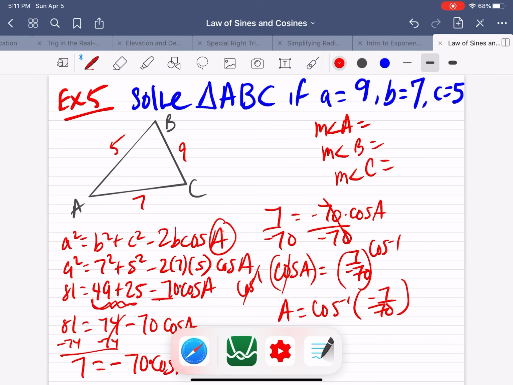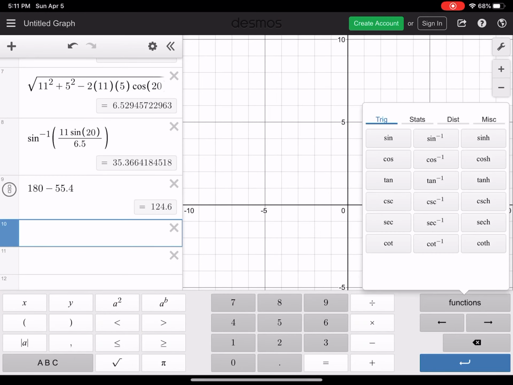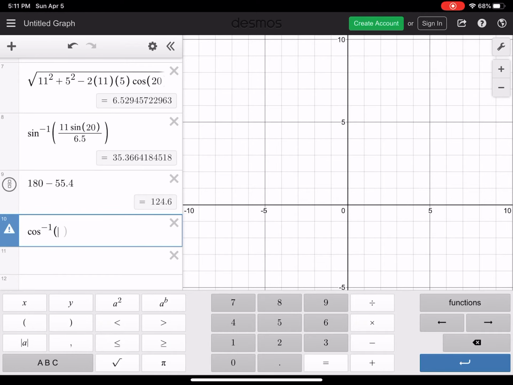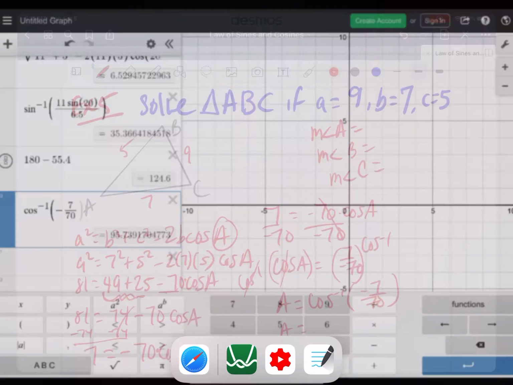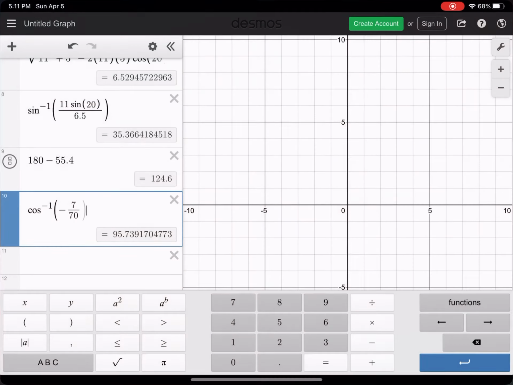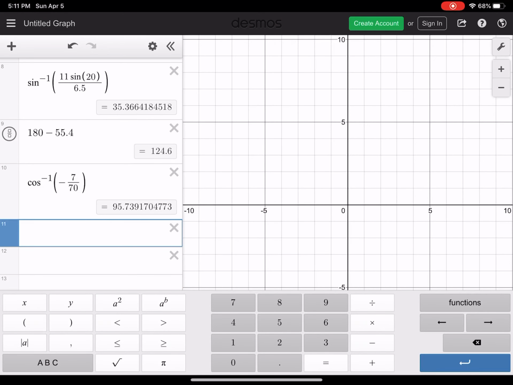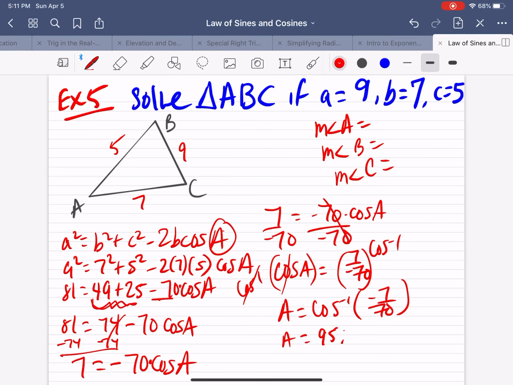So cosine inverse of 7 over negative 70. Yep. So it is 95.7 if we round to the nearest tenth. So measure of angle A is 95.7.